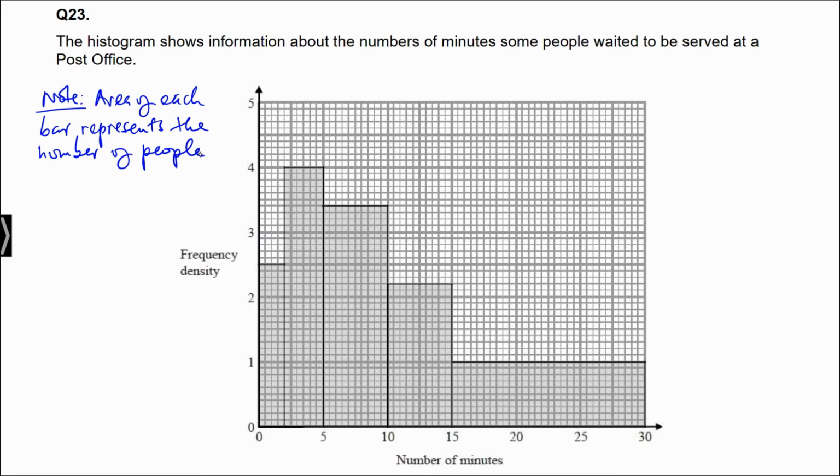So if you want to find the number of people who waited for more than 20 minutes, you can say for more than 20 minutes, area of the bar will be represented by the area of this bar here.